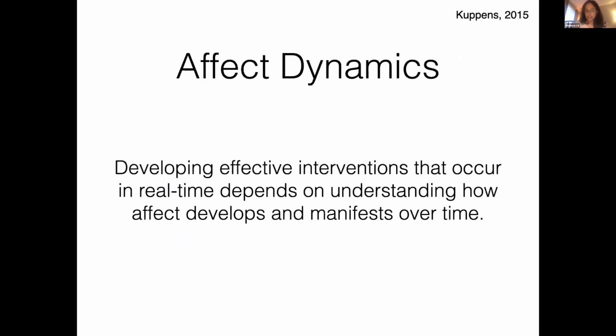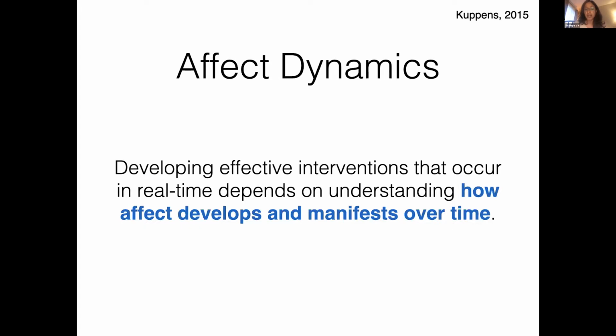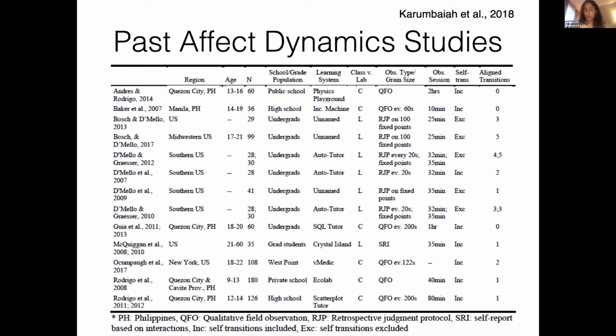While affect itself is important, developing effective interventions that occur in real time also depends on understanding how affect develops and manifests over time, a field of research called affect dynamics. A large body of research in the past has looked into affect dynamics, particularly looking at the transition between one affective state and another during learning.